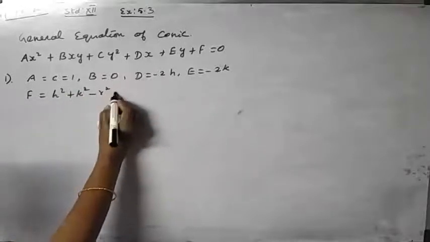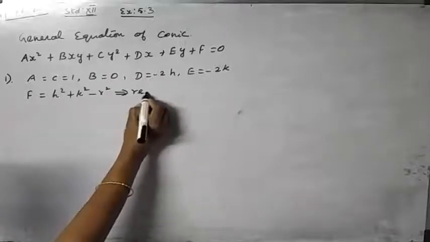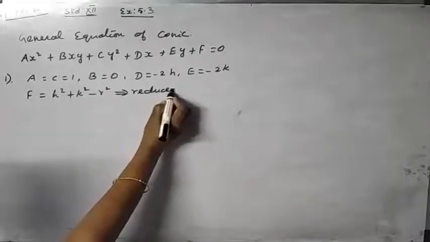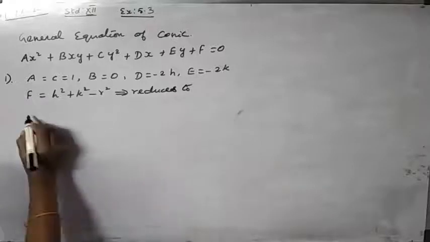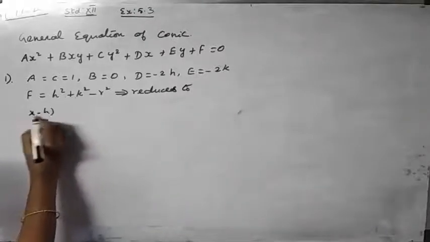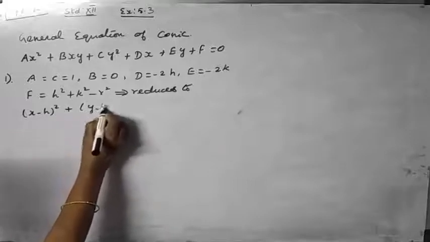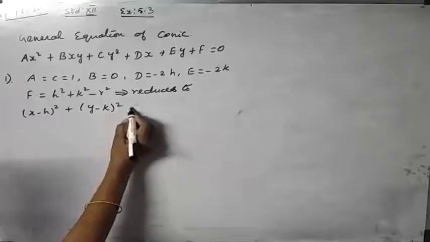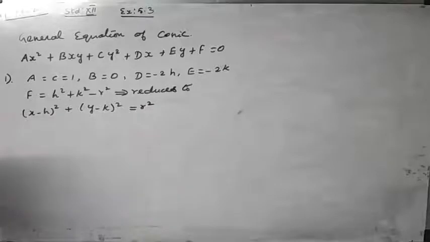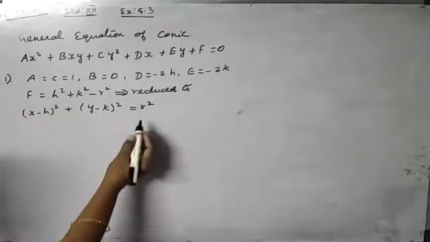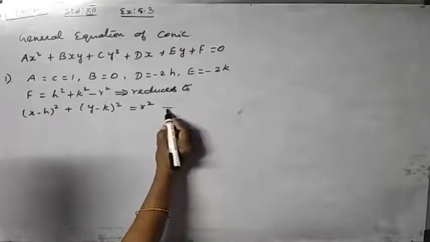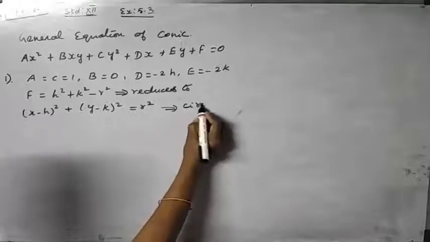Then this equation reduces to this form: x minus h the whole square plus y minus k the whole square is equal to r square. Now do you remember this equation? What is this equation? It represents circle.